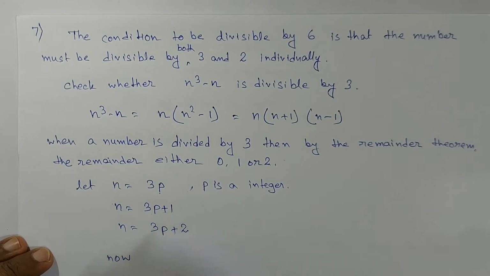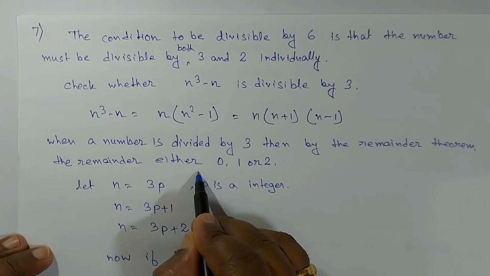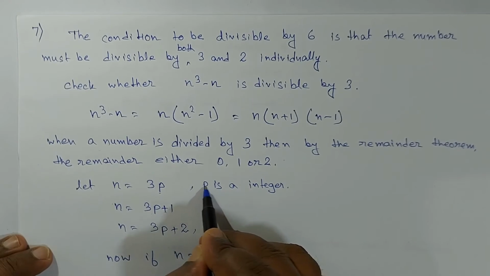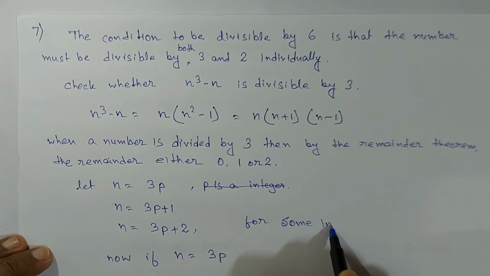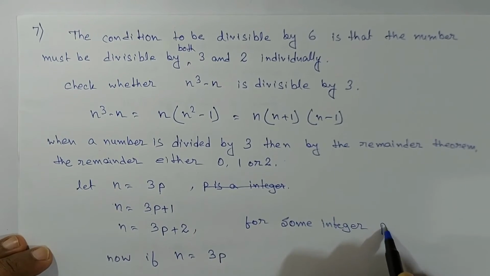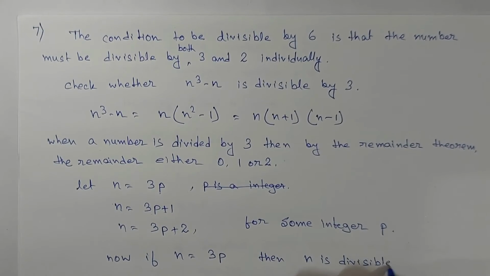Now, let n be equal to 3p, 3p plus 1, or 3p plus 2 for some integer p. Okay. Now, if n is equal to 3p, then n is divisible by 3.